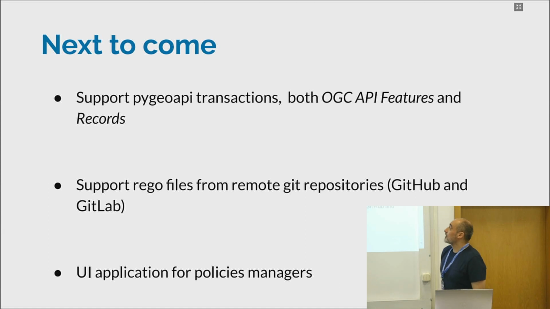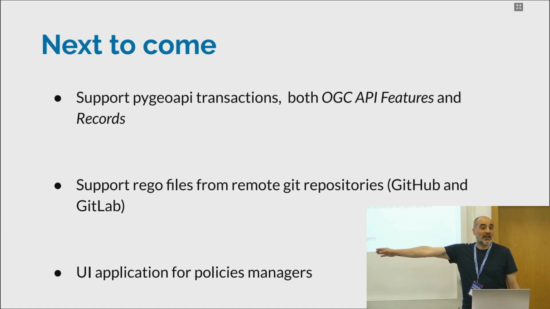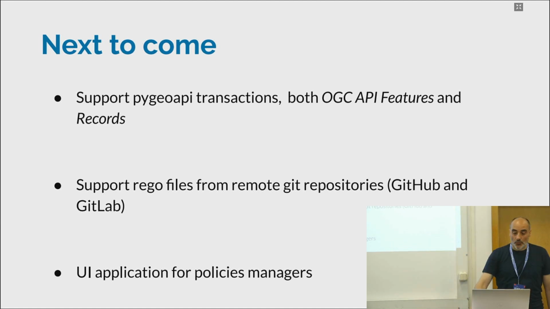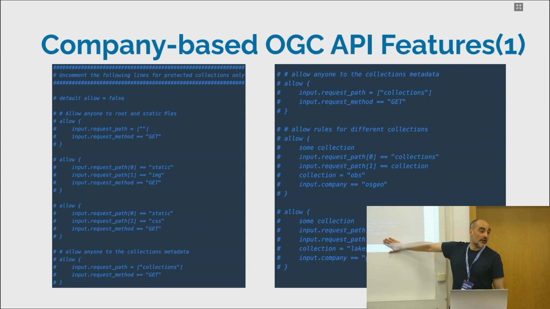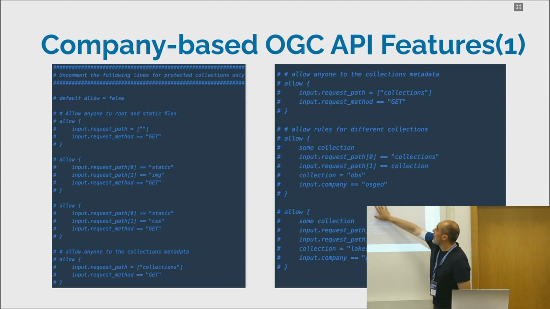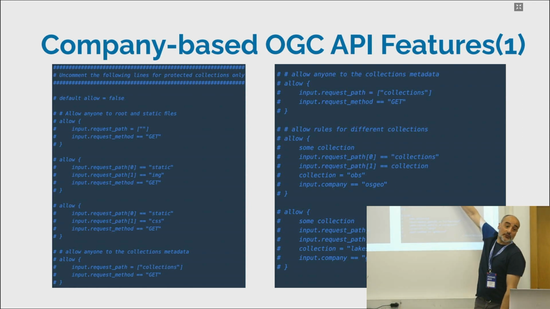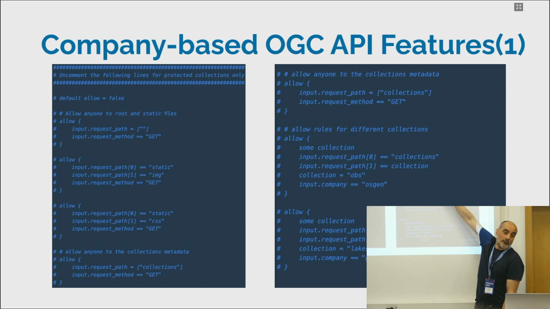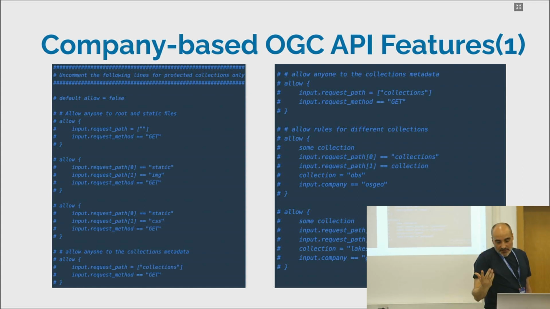Next to come, we are going to support pygeoapi transactions, which means that in this Rego language we have to code not only the request method GET, but even the rest of the different HTTP methods, and that's it.